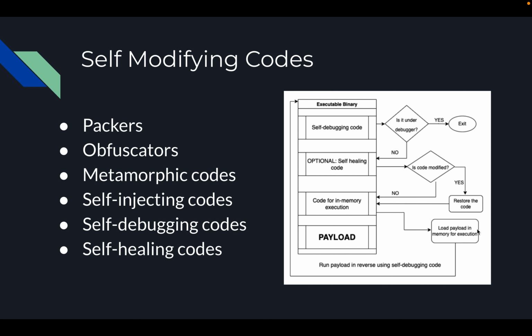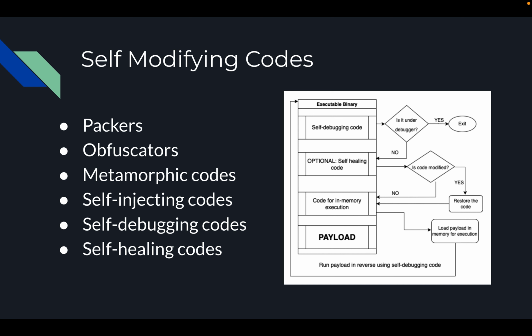Self-injecting code. These programs inject extra code in their own process or a forked child process and run it there. The injected code can run in the main thread itself, effectively killing the old code without releasing associated memory and metadata, or in a newly created thread. We have self-debugging code. These programs attach to either themselves as a debugger or a child copy of the same process.